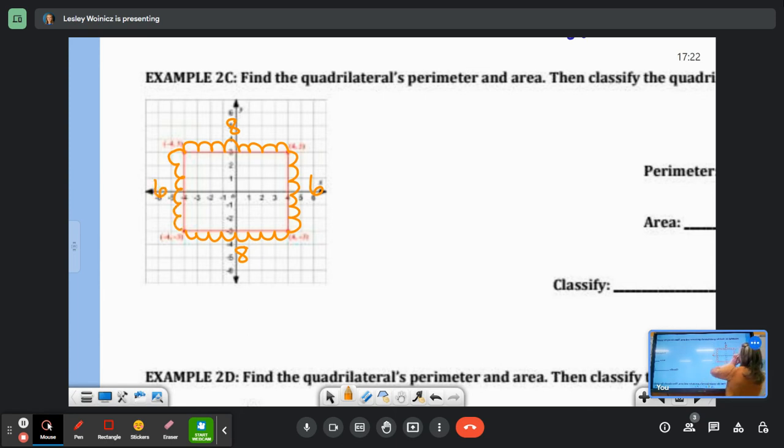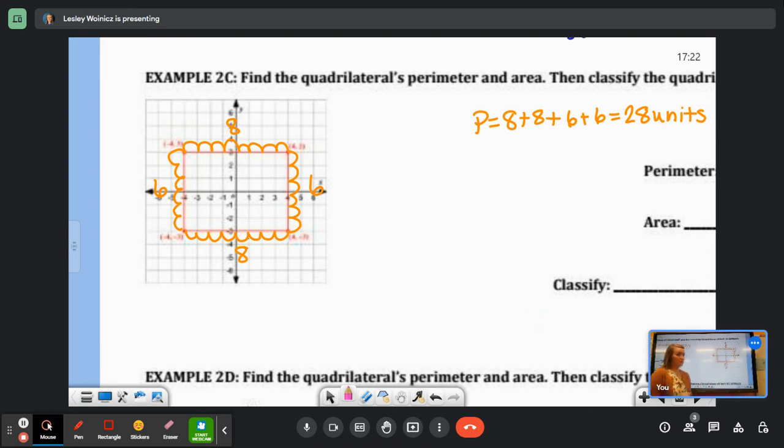Okay. My perimeter is 8 plus 8 plus 6 plus 6. I'm getting 28 units.